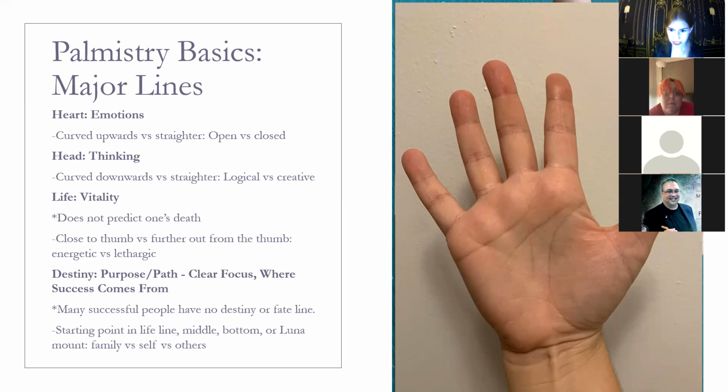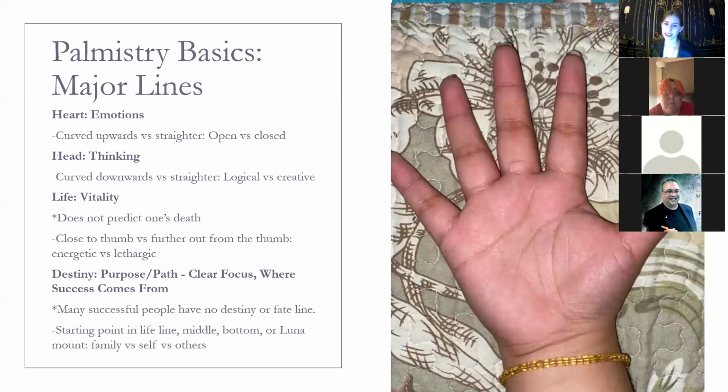I have one final example, and I want to bring out the two other major lines that we haven't talked about yet, although you can see a very strong destiny line here. The headline and the heartline are very curved. I would say this is more curved than most. So I would say this person is very imaginative when it comes to solving problems, and more romantic at heart when it comes to relationships.